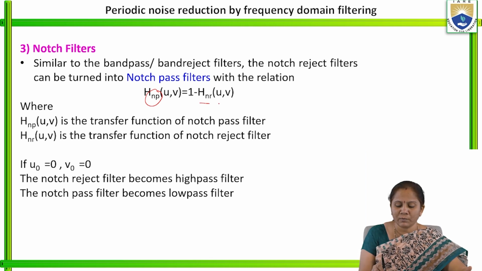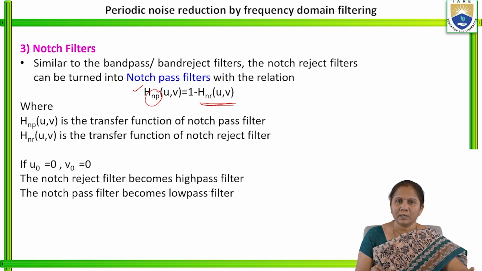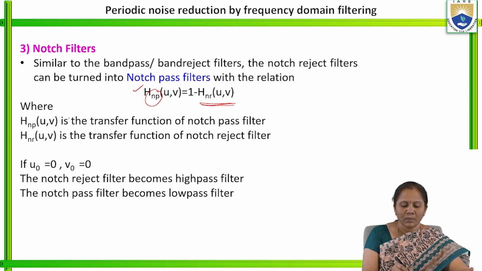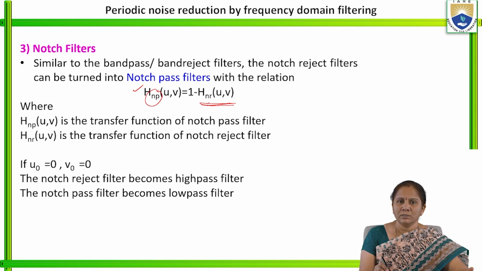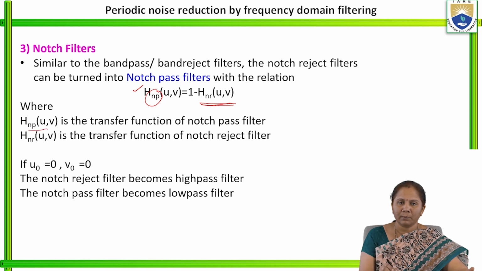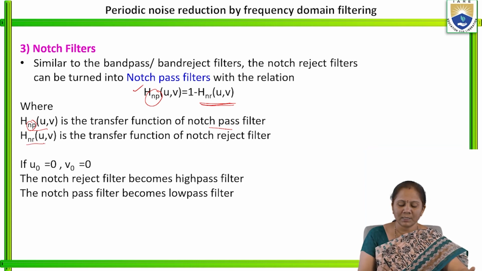Considering all the transfer functions we have seen, we can calculate the transfer function of the notch pass filter by subtracting from 1. In this expression, H_np(u,v) represents the transfer function of the notch pass filter, where np represents notch pass, and H_nr(u,v) represents the transfer function of the notch reject filter.